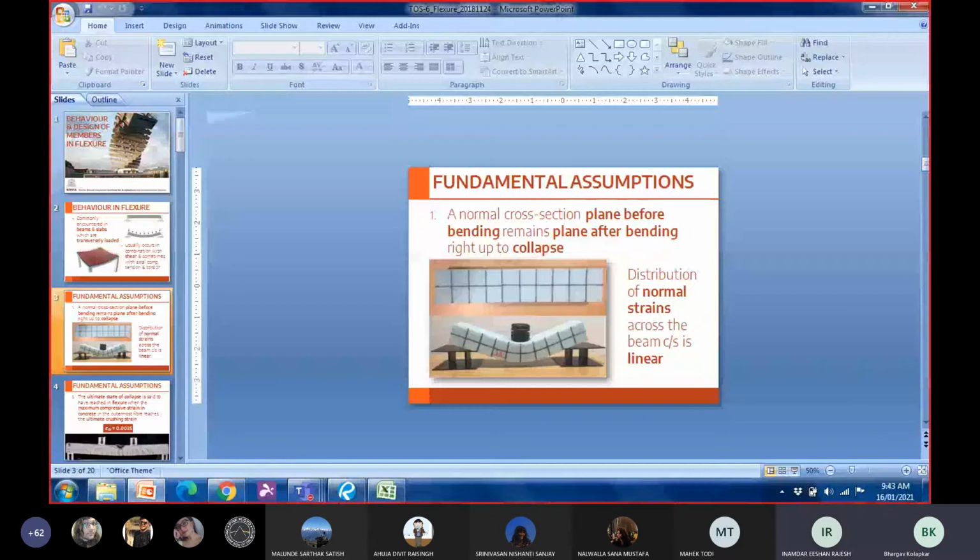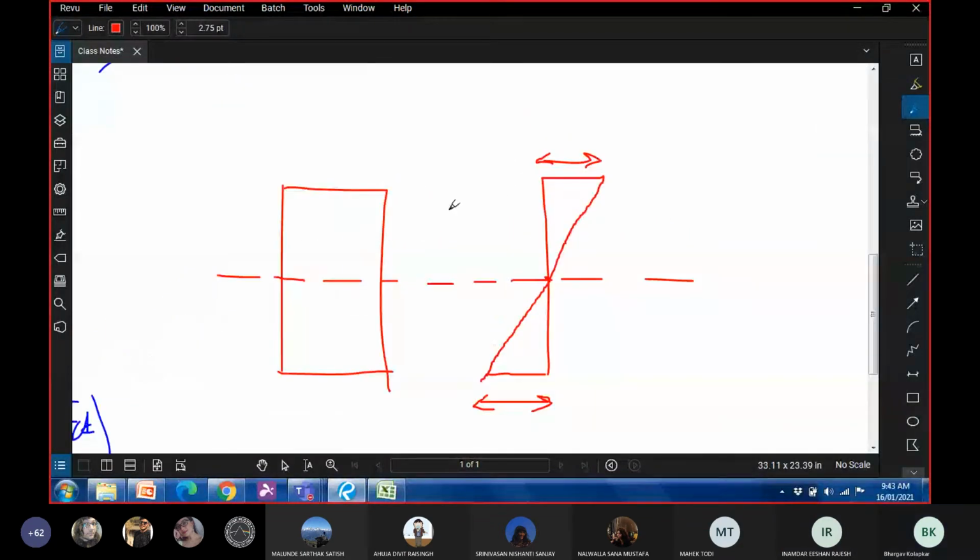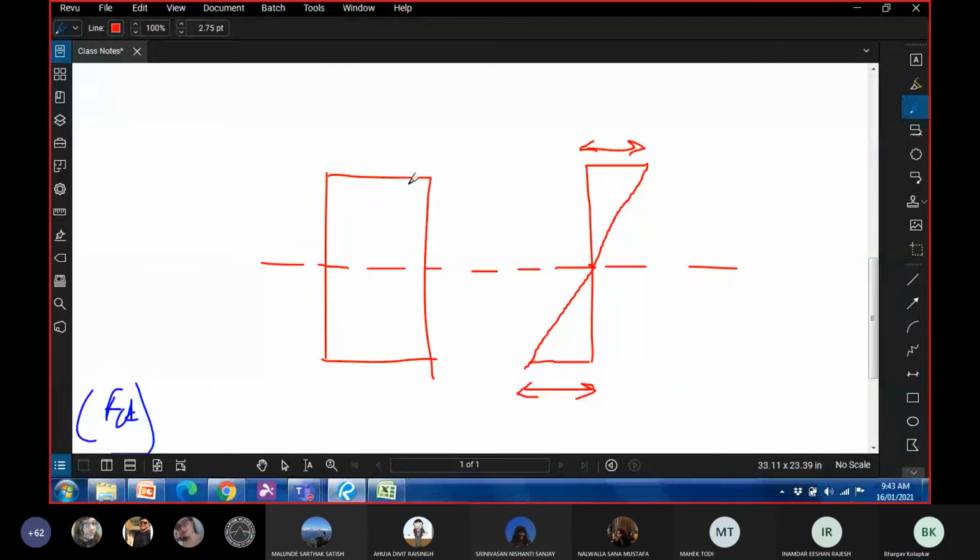Yeah. Okay. So what it means is, the strain at the topmost fiber is going to be the same as the strain at the bottommost fiber, with an opposite nature. If I go any distance, say a distance y above the neutral axis, let's say I'm looking at this particular elevation, the strain here is going to be the same as the strain here below the neutral axis, but with an opposite nature.